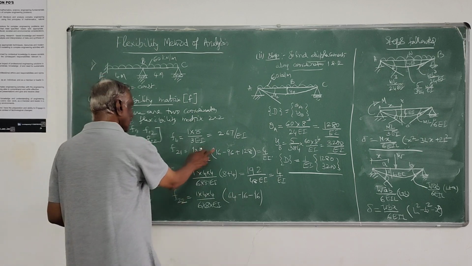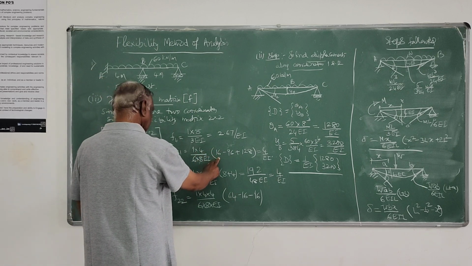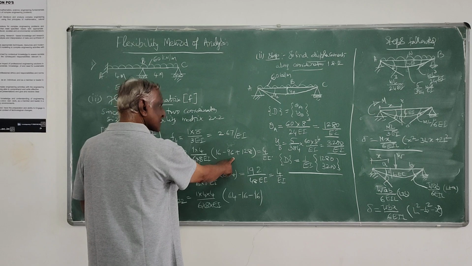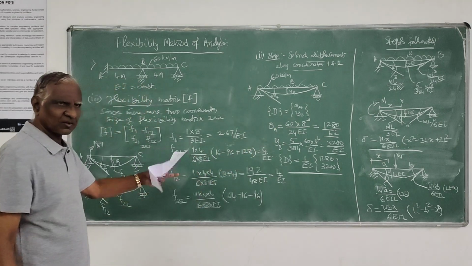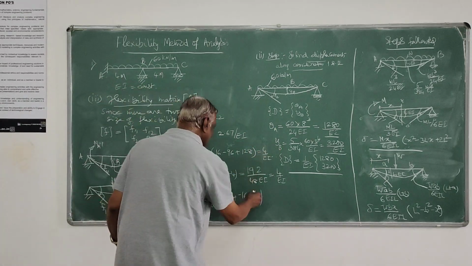So here I think it is x square, okay, minus 3lx. That formula is also, we are getting more or less similarly.